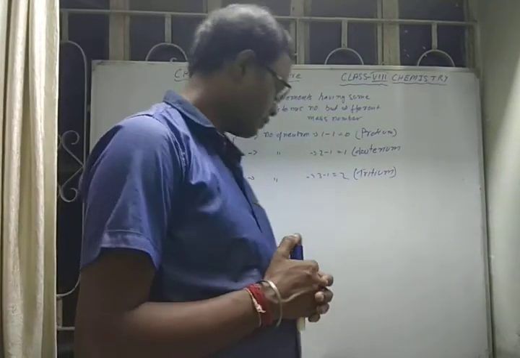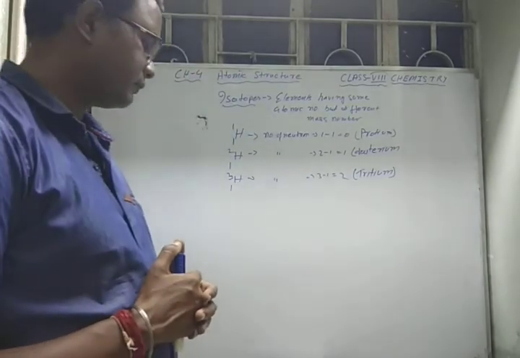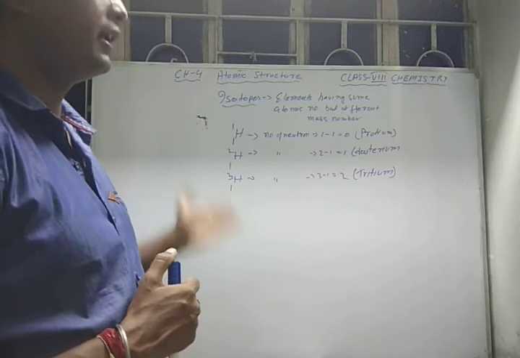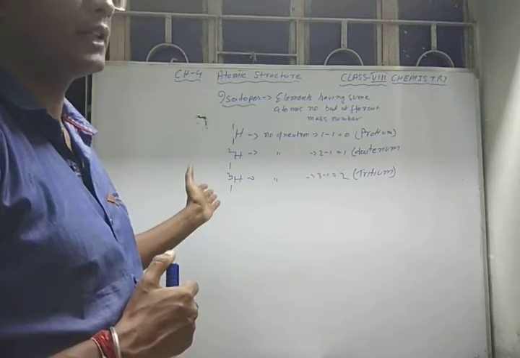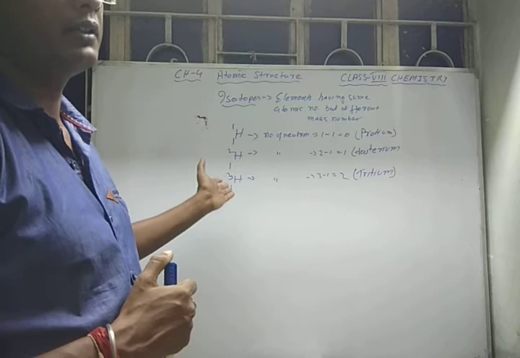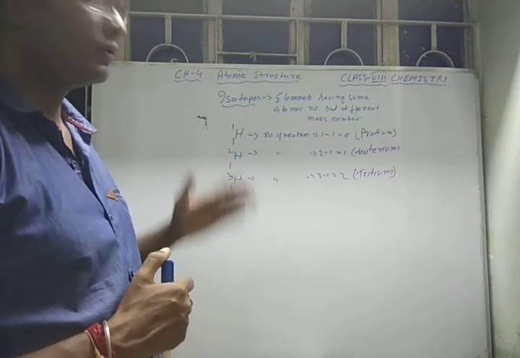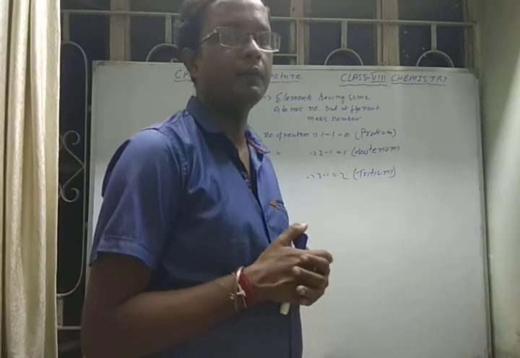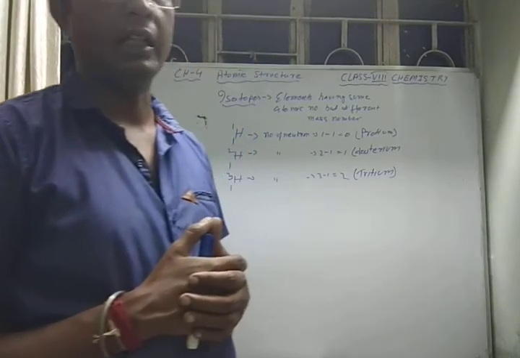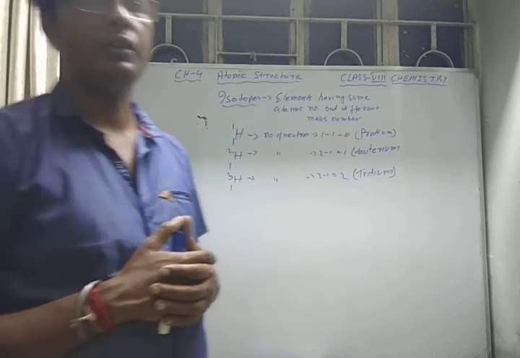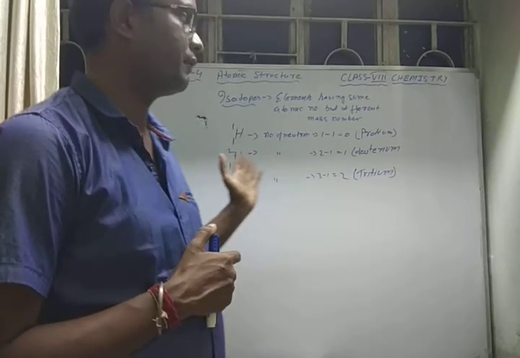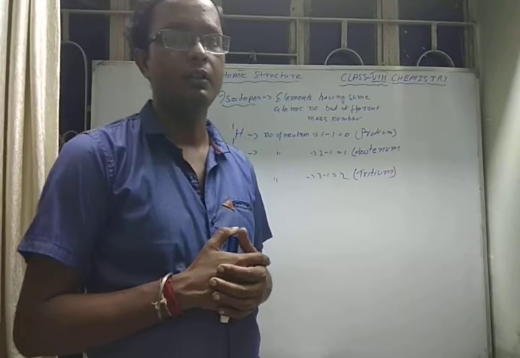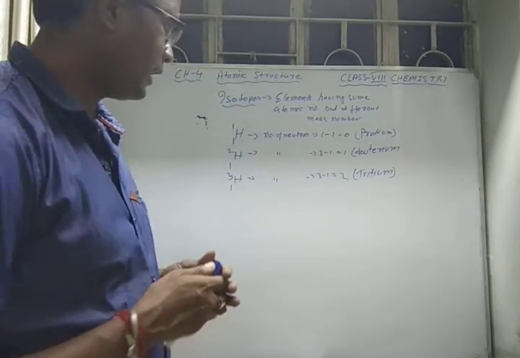Dalton also said that atoms of the same element are the same, but we see that atoms of the same element are not the same; they vary in their mass. After the discovery of isotopes, that postulate of Dalton was also proved incorrect. So Dalton's atomic theory was modified after the discovery of isotopes and the subatomic particles, electron, proton and neutron.